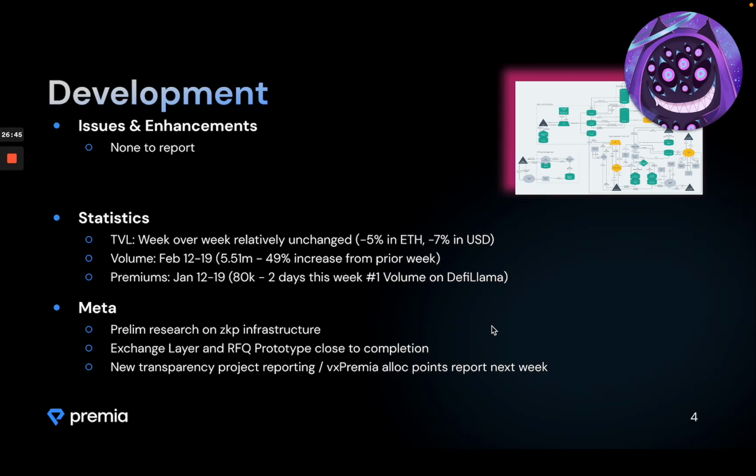We are looking for a DevOps engineer if you are interested in a role like that. We have some candidates in the pipeline already, but as part of this RFQ network, we're going to need some sort of 24-hour SLA support. So we're looking at people from different time ranges so that we have the proper people on call in the event that anything negative were to occur, because we do have on and off-chain components.